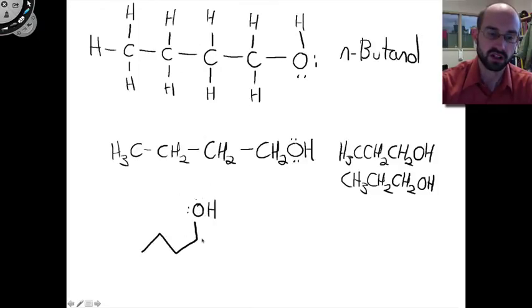And the reason is, in line angle structures, every angle and every corner represents a carbon. Sometimes we do draw in the carbon explicitly on the end, so I'll do that there. But then every angle represents a carbon, so carbon, carbon, carbon, carbon. 4 carbons. But we don't draw in the C, we just leave it as an angle.